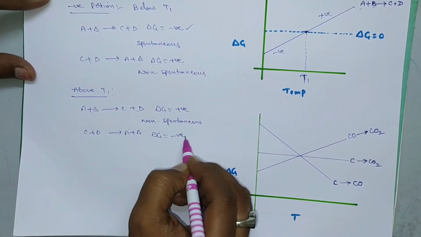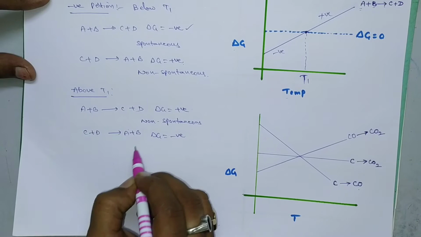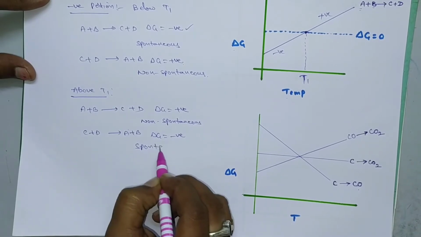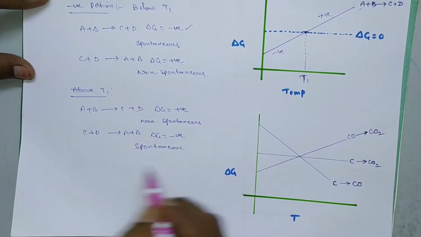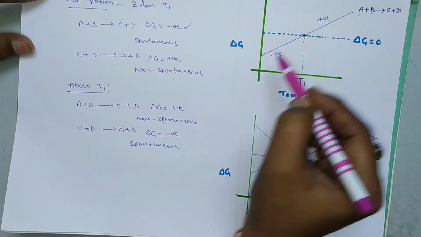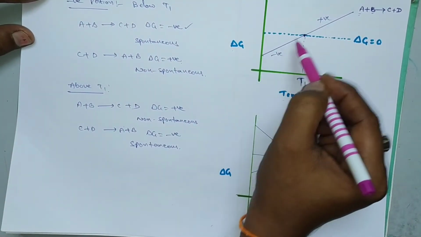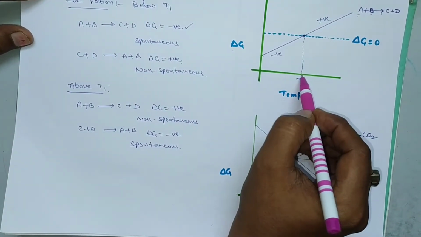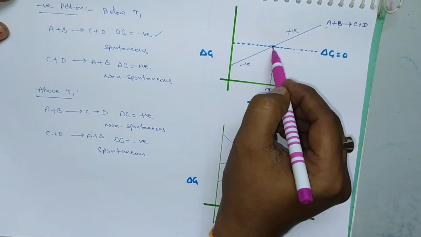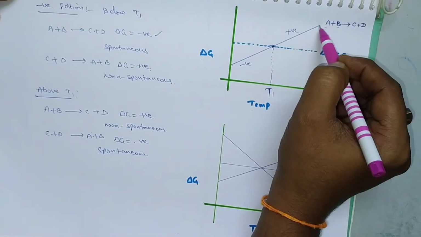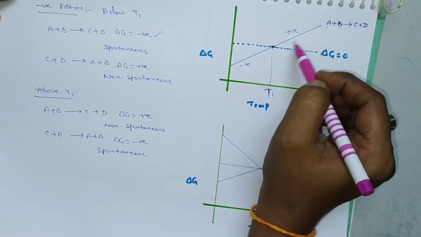If it is negative, the reaction is said to be spontaneous. So the forward reaction is spontaneous below this particular temperature, and above this particular temperature, the forward reaction is non-spontaneous.